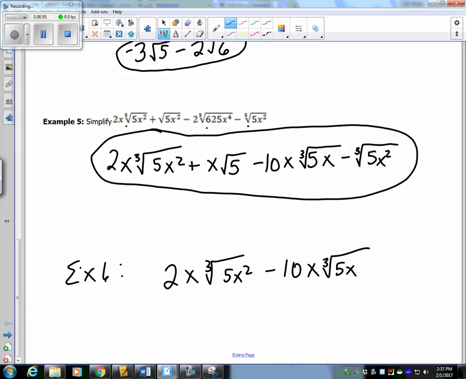So from up here, from the last problem, you have x cube root of 5x squared, and you're subtracting an x cube root of 5x squared. So 2 minus 10 is a negative 8x cube root of 5x squared.